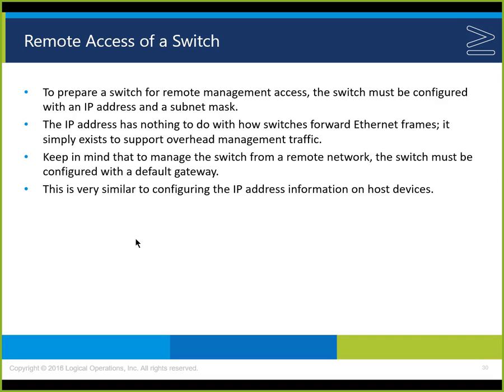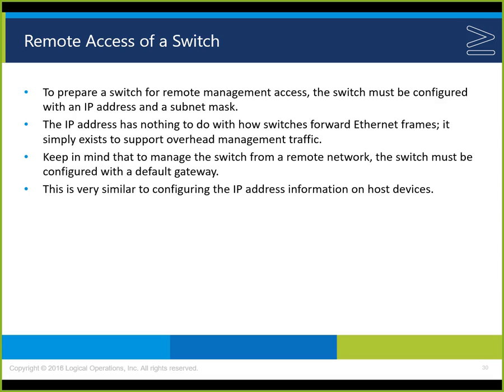The switch must be configured with an IP address and subnet mask. I had that. The interface VLAN 1, the management interface, is already configured on the switch. We put an IP address on it and a subnet mask. It's on that network. If we're going to manage it from outside of that network, we have to also use the ip default-gateway command in order to give it a default gateway so it knows where the default router is.